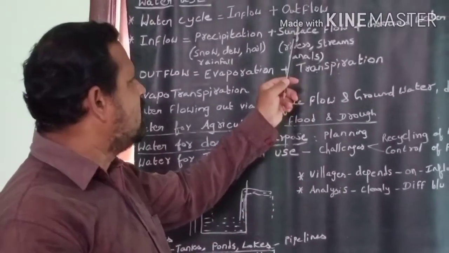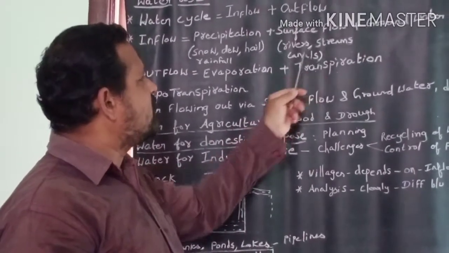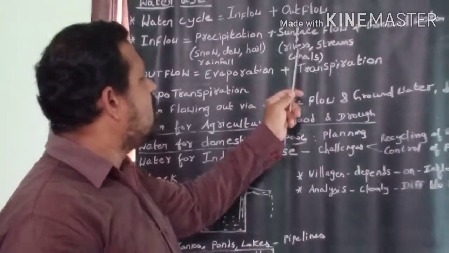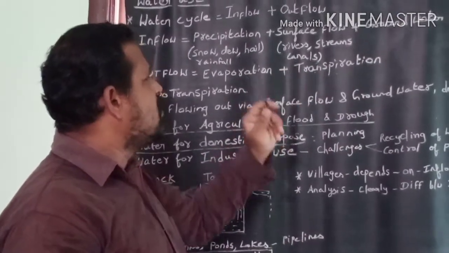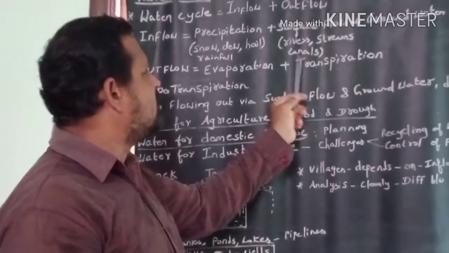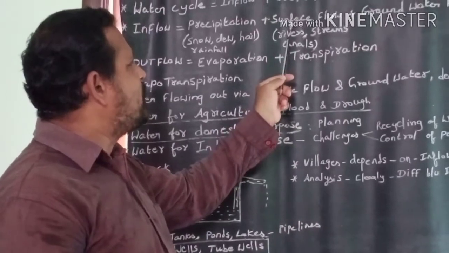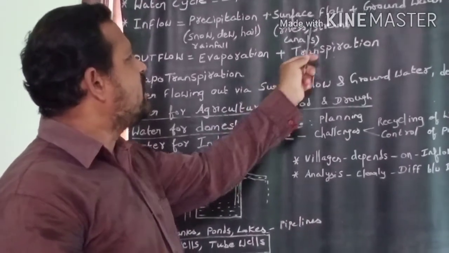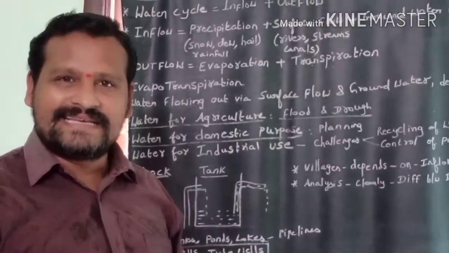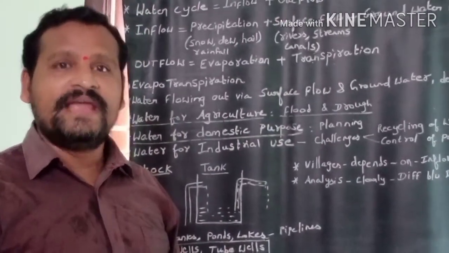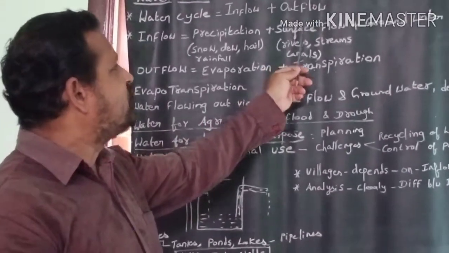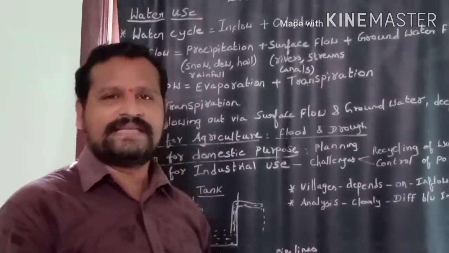For example, rivers, streams and canals come under surface flow. To estimate the amount of water in a river, stream or canal, multiply its area by rainfall intensity and divide by 3660 so that we get the surface flow rate in liters per second.